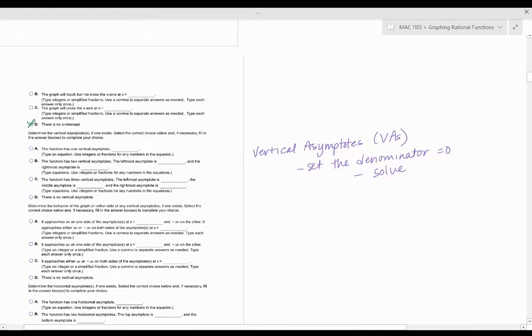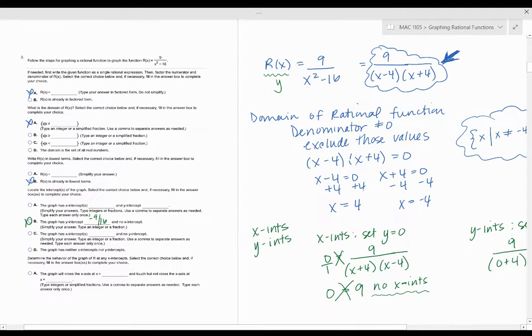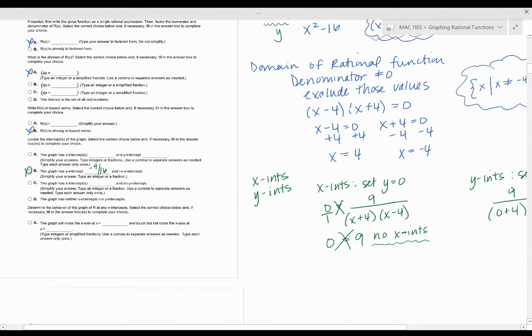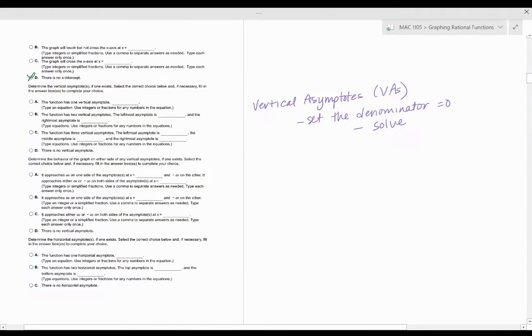Our denominator, if you remember, is x minus 4, x plus 4. So I'm going to set that equal to 0 and solve for x. It's already factored, so I'm going to set each one of those factors equal to 0.